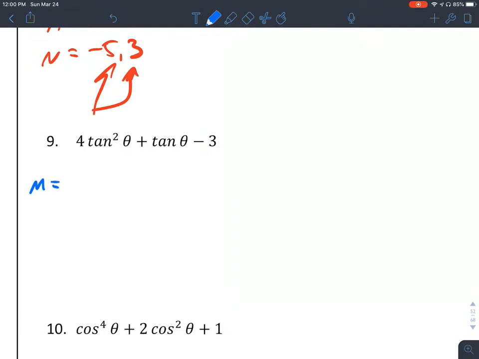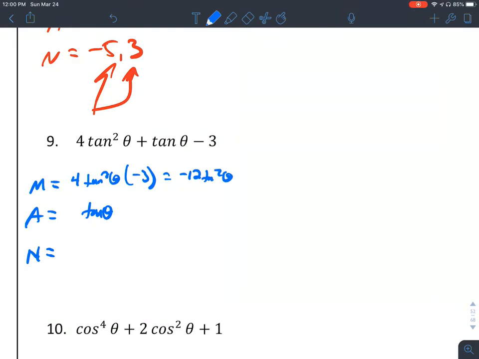We need two things that multiply to get the first term times the last term, which is going to be a negative 12 tangent squared of theta. We need two things that add to get the middle term. Now, what could those things be?